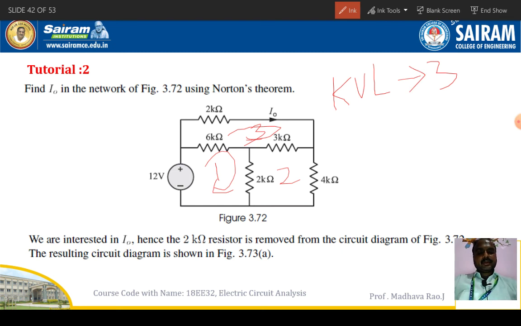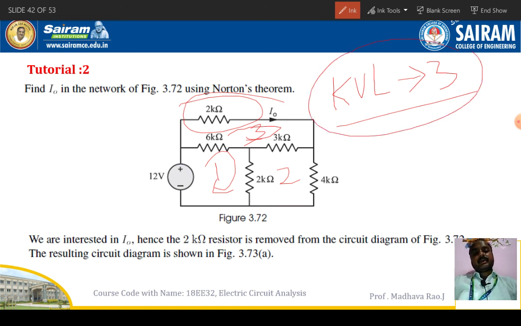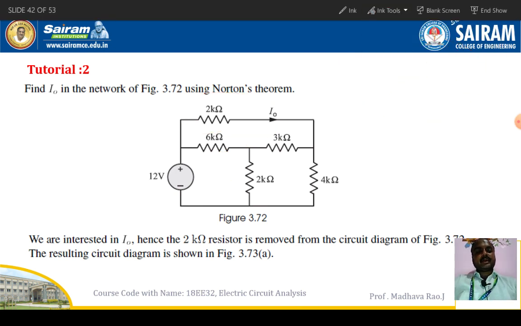We have to solve each and every loop current, and we can identify the current flowing in the 2 kilo ohm. That will be a time consuming process. It's the conventional method. So Norton's theorem is an advanced technique to find the current in any branch in the network or circuit.